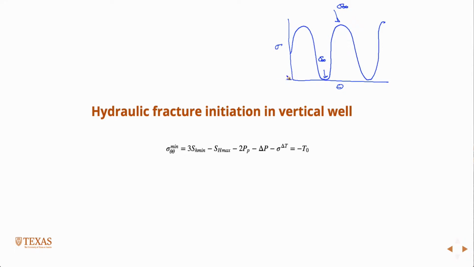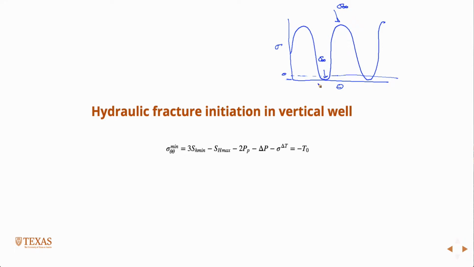If we set that into tension, so if this is 0, such that the minimum hoop stress dips below 0, then if that exceeds the tensile strength of the rock, which we've written here as T0, but usually we just assume that's 0, right? We talked about the tensile strength of the rock is very, very low, especially compared to the compressive strength.